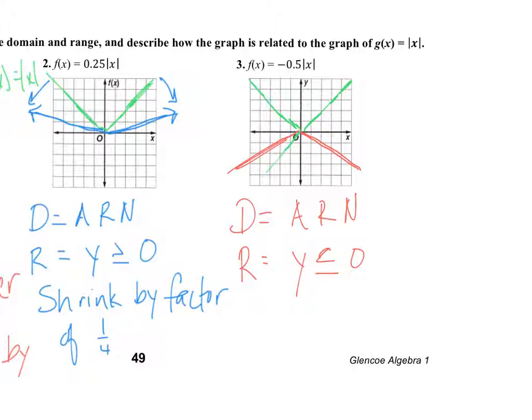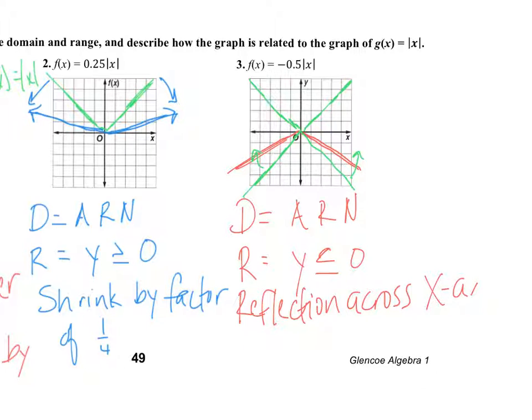Again, if we reflect it across the x-axis, it looks like this. Then again, it's got to get closer to the x-axis. So the first thing we would say is a reflection across the x-axis. All right, that's thing number one.